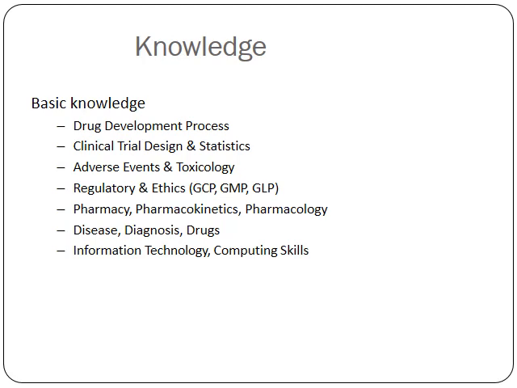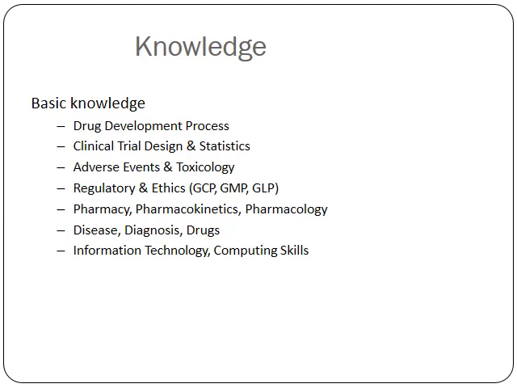So now students, this slide is very important because it tells you that what kind of knowledge you need to have when you are in clinical research. So basically, we should be aware about the drug development process, which you will be studying in the coming modules: clinical trial designs, statistics, adverse events, toxicology.